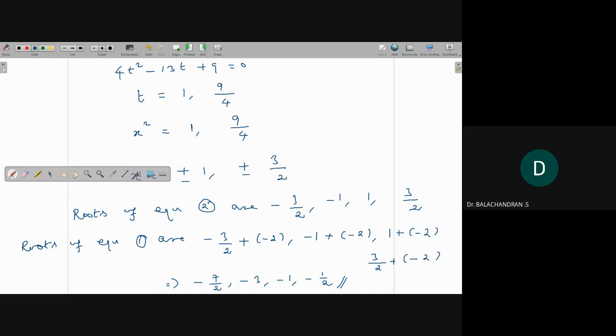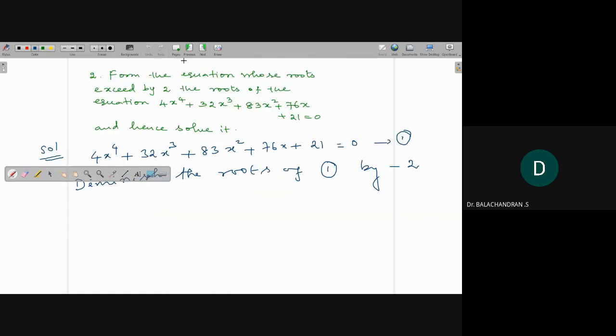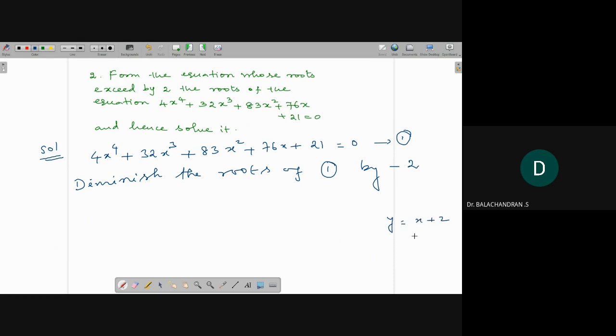Next, I'll move to the other method. Suppose you are not comfortable, you can verify. I already told you the other method. You need to replace y equal to x plus 2 and x equal to y minus 2. So substitute.